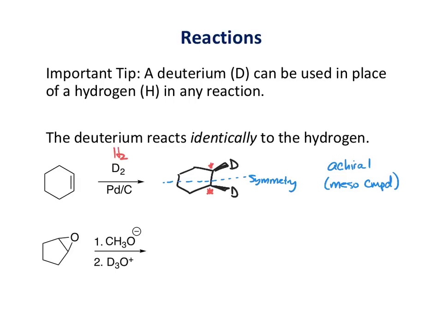And I think once or twice I used deuterium this semester just to show you how it can be used to analyze a mechanism. So for example, in this reaction, knowing where the D3O+ is involved. Okay, so for this, here the methoxide adds and opens the epoxide.